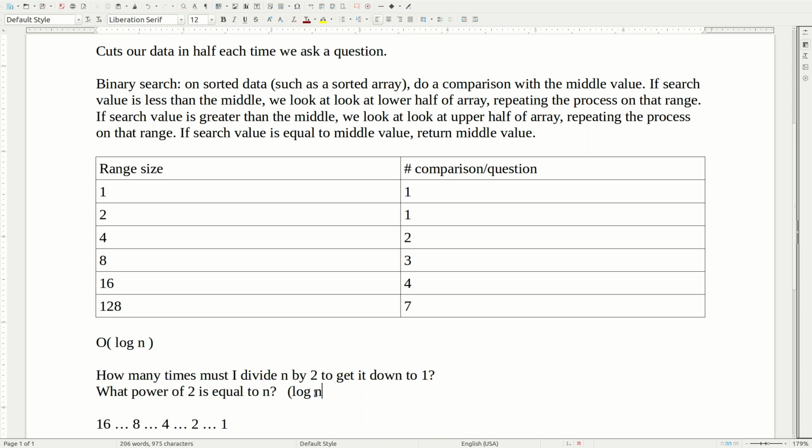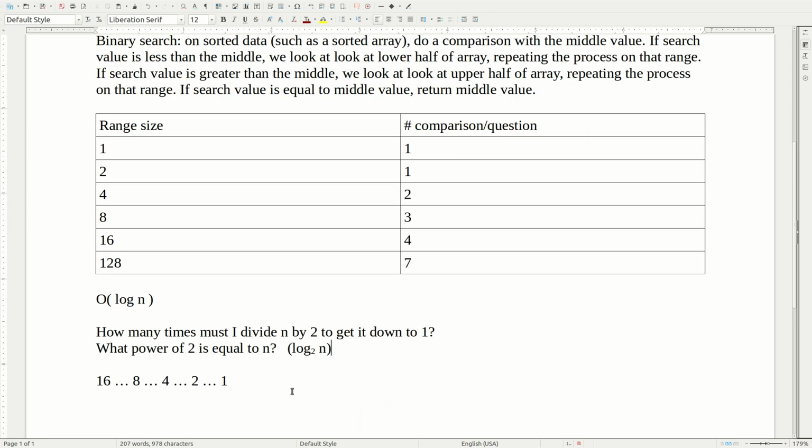So log base 2 of n gives us the answer to that question, which is, what power of 2 is equal to n? So the number of comparisons, or the number of questions, will be log base 2. This means that this method is O of log n, which, as we can see, is a much better performance category than the linear types that we've been looking at.